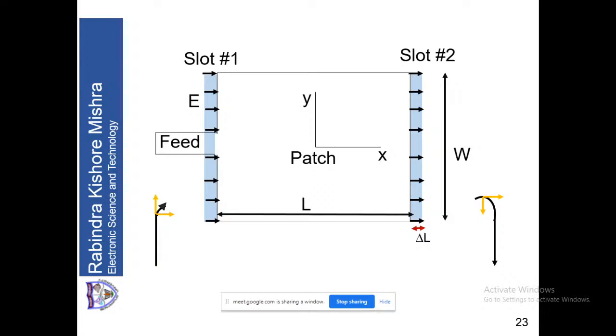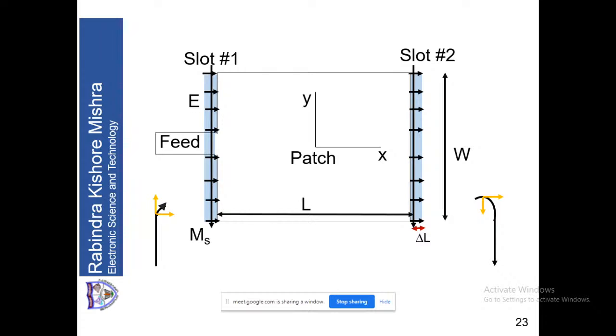There is an electric field existing within the slot. Therefore, there will be an equivalent magnetic current MS. S stands for the slot. So each slot is excited by a magnetic current MS.